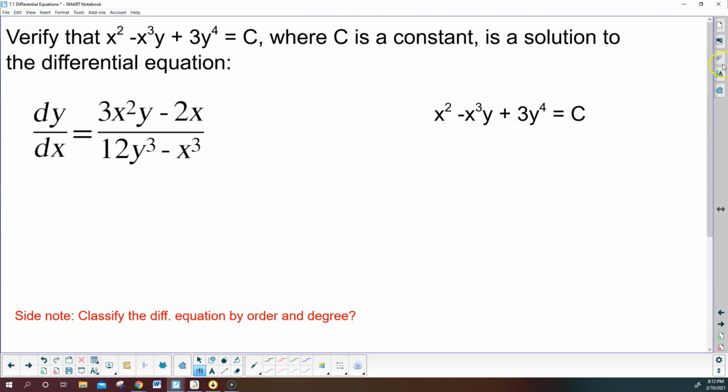Now, this is called implicit differentiation. And we covered that a long time ago. It might even have been first trimester. Okay, so what do we do? We take the derivative of both sides, and we're going to take the derivative with respect to x.